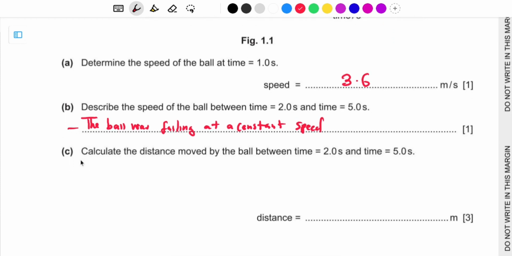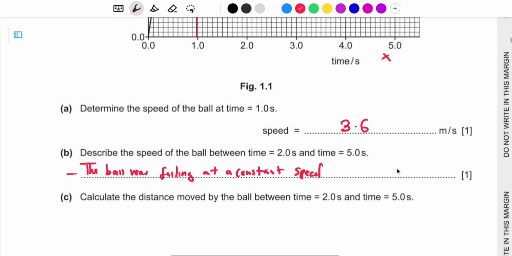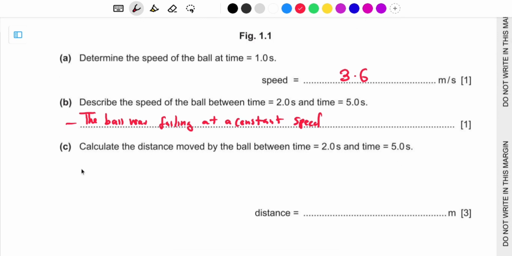For question C, it is saying calculate the distance moved by the ball between time 2 seconds and 5 seconds. For us to calculate the distance, the distance covered is equal to the area under the graph.